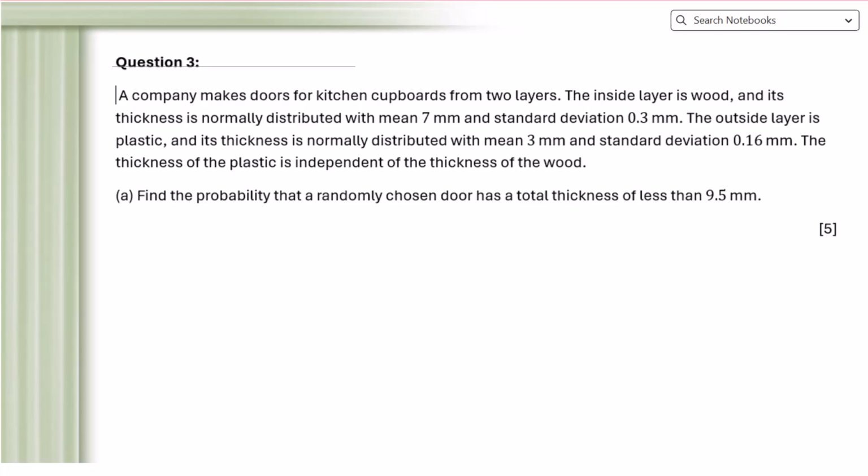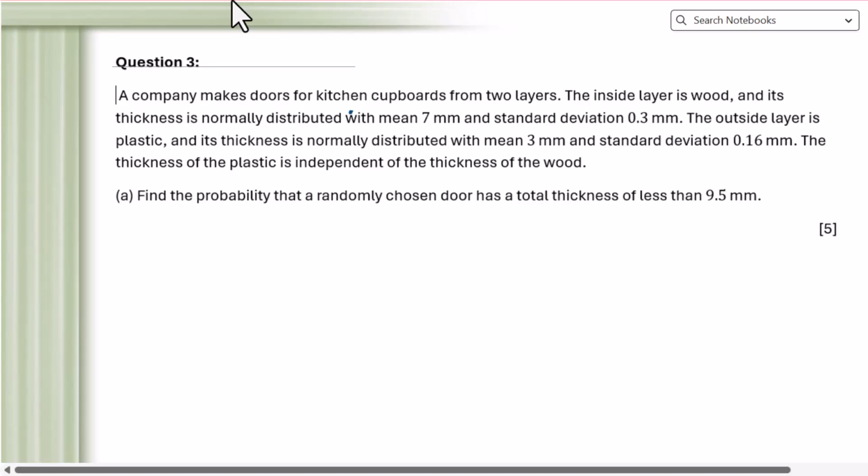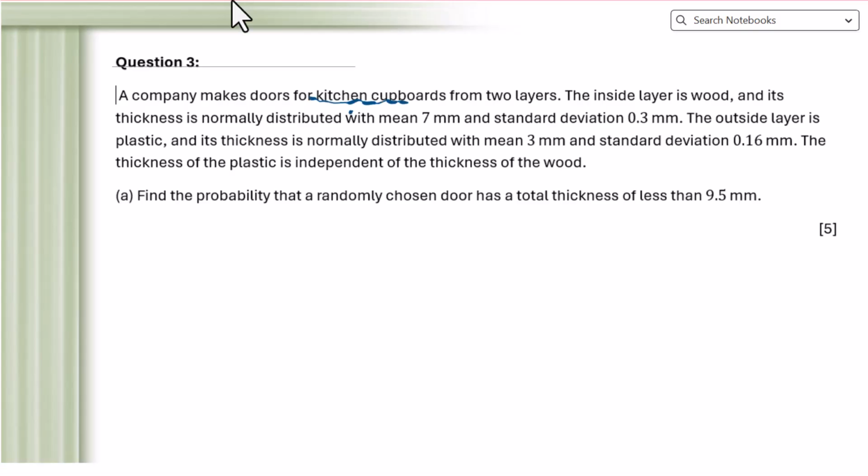Question 3. A company makes doors for kitchen cupboards from 2 layers. The inside layer is wood, and its thickness is normally distributed with a mean 7 mm and a standard deviation 0.3 mm.